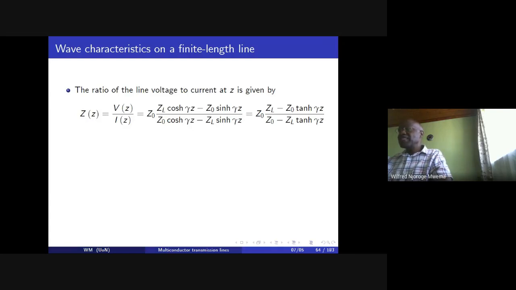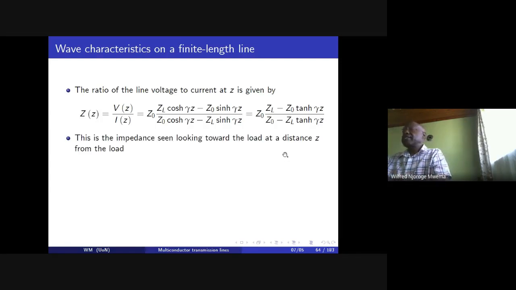And the reason why the forms look the same, where VZ is replacing EZ and IZ is replacing HZ, is because for TEM waves, the wave characteristics are the same. The voltages travel as plane waves, so to speak, just like they were doing in unbounded media.